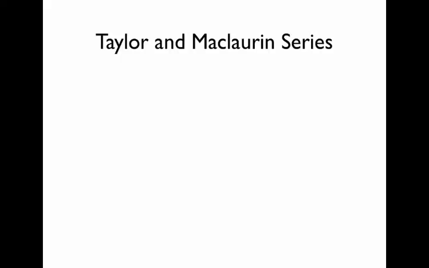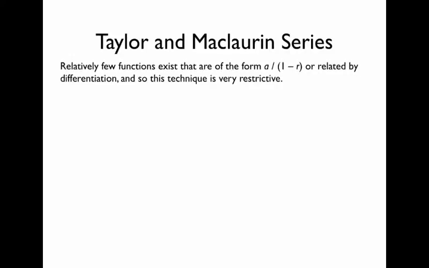Okay, so Taylor and Maclaurin series. Relatively few functions exist that are of this form, a over 1 minus r, right? So in order to write a function as a series, in what we've done so far, it had to be a over 1 minus r. Well, it's very specific, very restrictive.